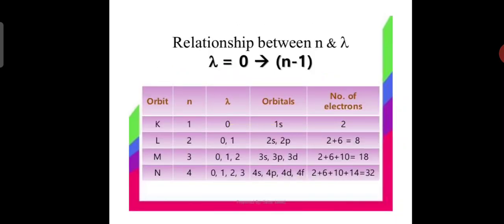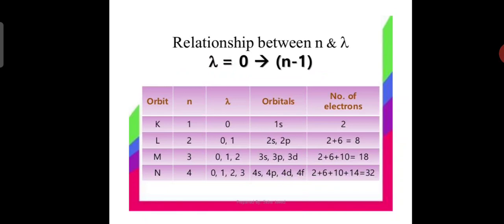Now, the relationship between n and the azimuthal quantum number. This is the formula to determine the sublevel: your lambda is equal to 0 up to n minus 1. Let's look at the energy levels K, L, M, N, so your n is 1, 2, 3, 4, and so on.